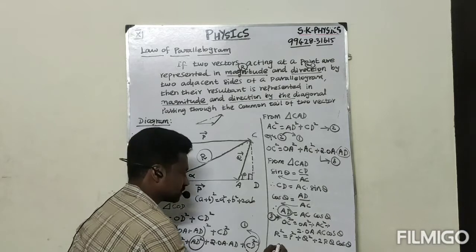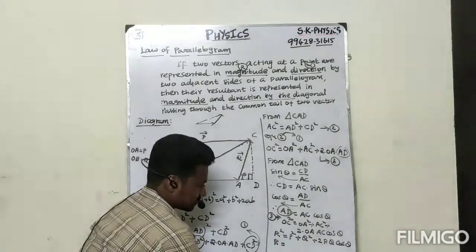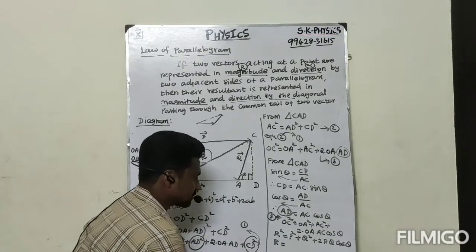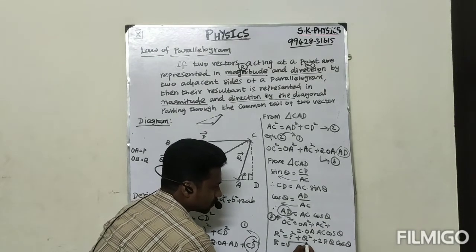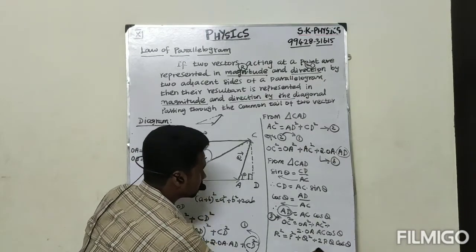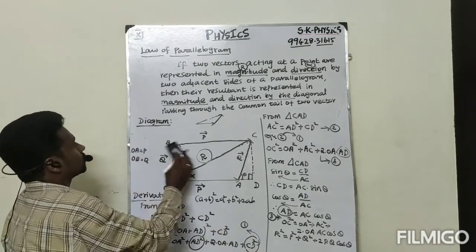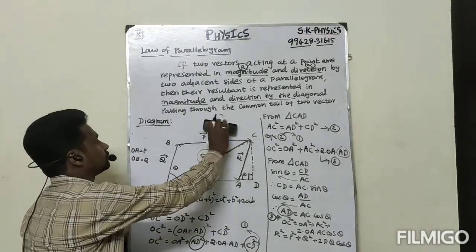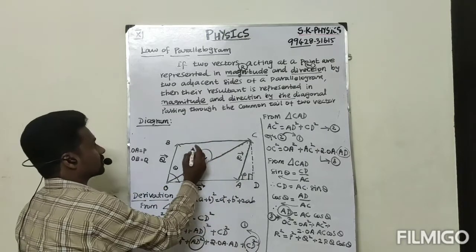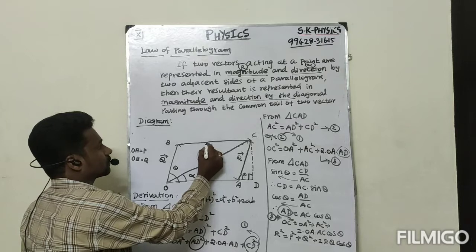Therefore, we can write R is equal to, the square is moving to the other side, so this is the root. This is the P vector, this is also the P vector.